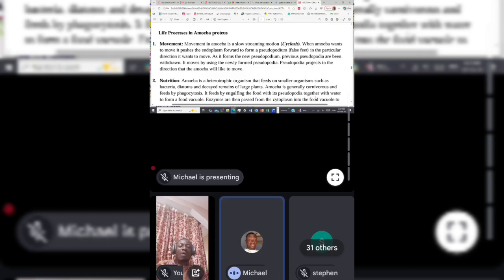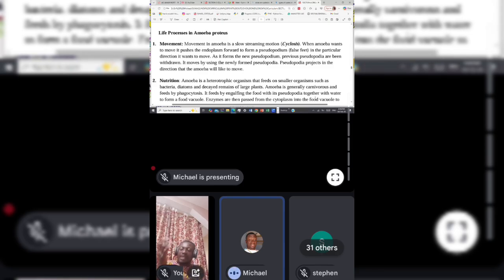Now why were we able to do that? Because it was very flexible. When you extend it, the water will move to that side, then it will form whatever thing you want to form. That is how the pseudopodia is formed in amoeba. So amoeba has a flexible cell membrane, that is the plasma membrane. Now it has what we call cytoplasm or cytoplasmic content, the nucleus and any other thing in this body.